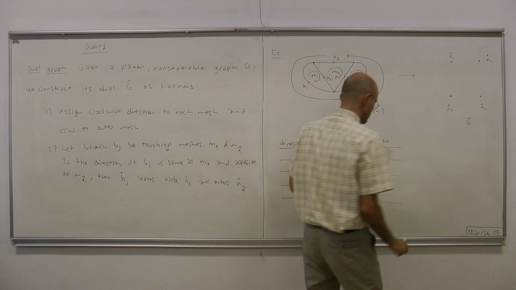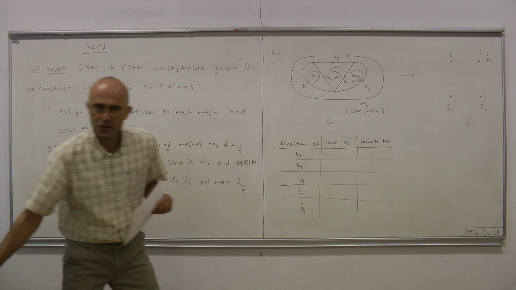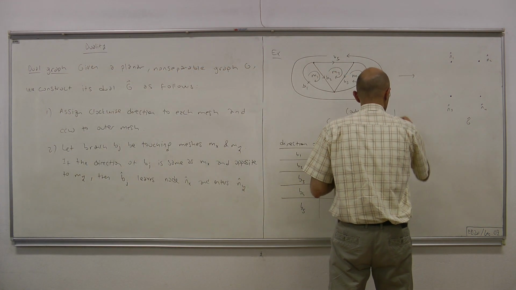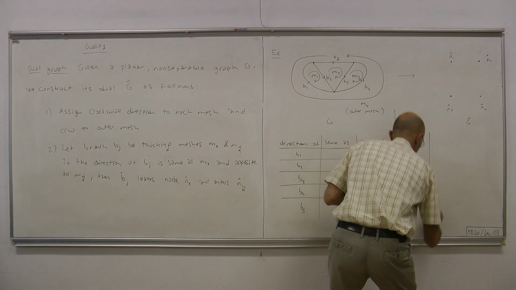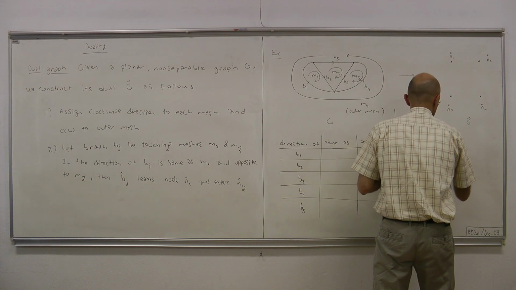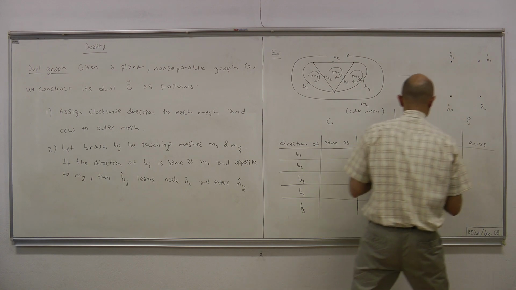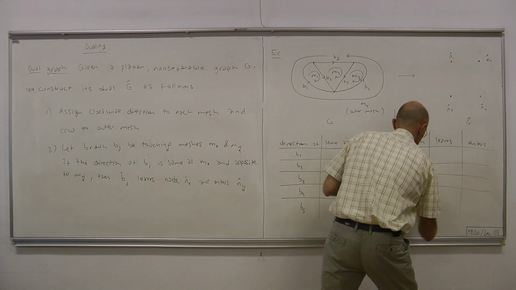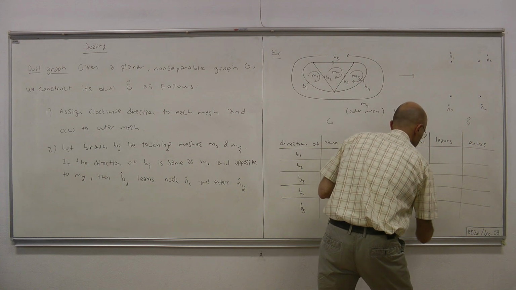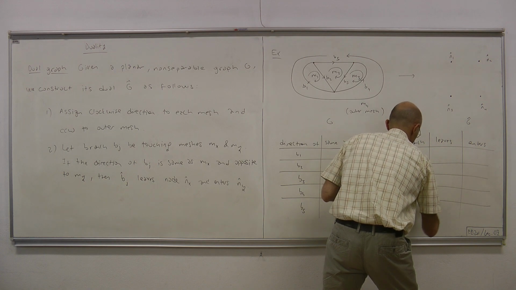And here let's make the dual table. Here we have branch, leaves, enters. Okay, B1 hat, B2 hat, B3 hat, B4 hat, and B5 hat.